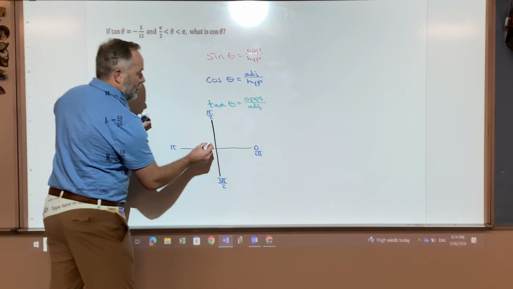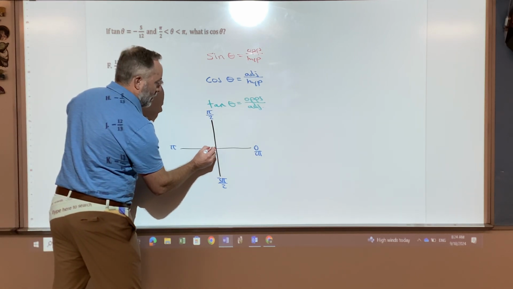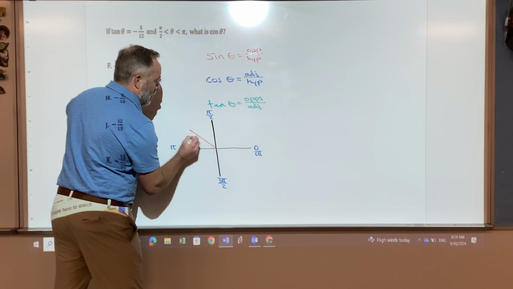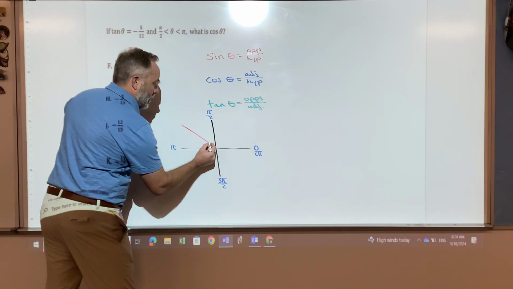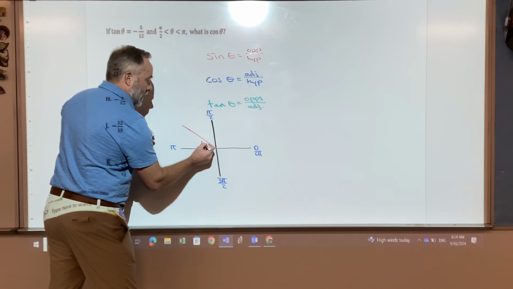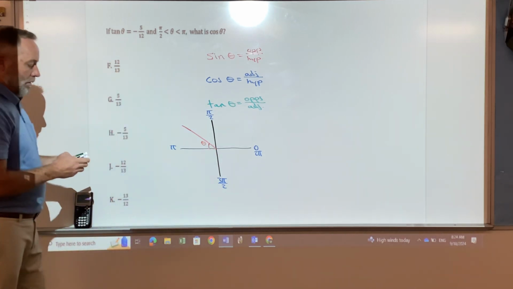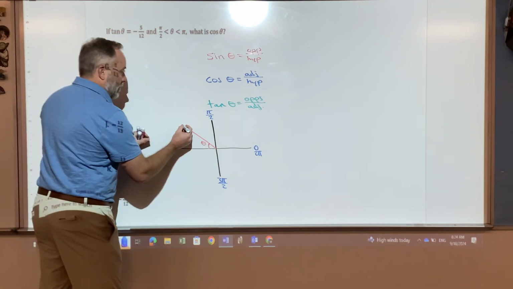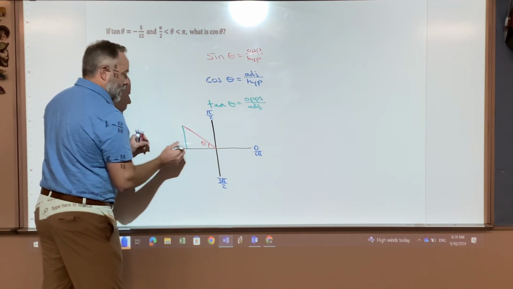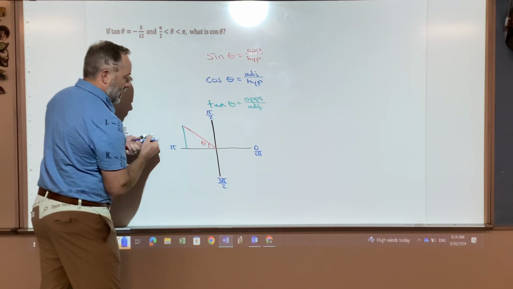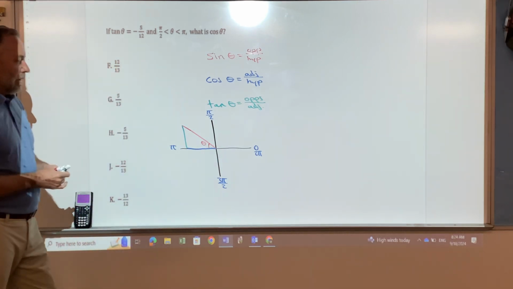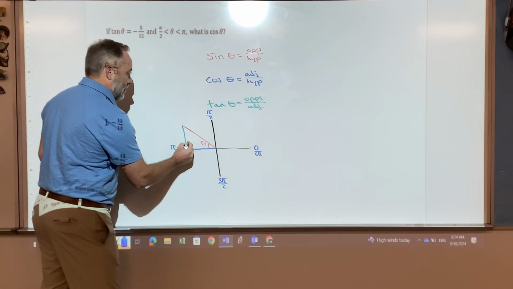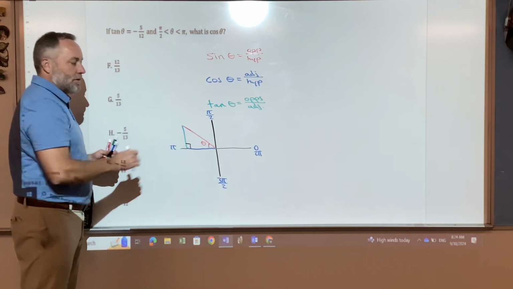Okay, so if I drew an angle, it's always formed with the origin. If I drew an angle in here, we could call this right here theta. And then that makes a right triangle. If we go straight down to the x-axis and then straight over to the y-axis, we have a right triangle formed here, and that's why we can use our right triangle trig.